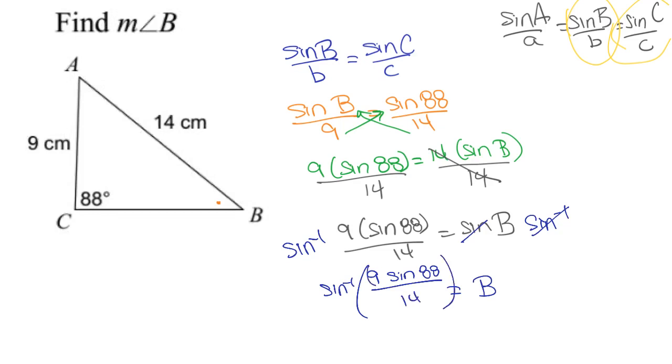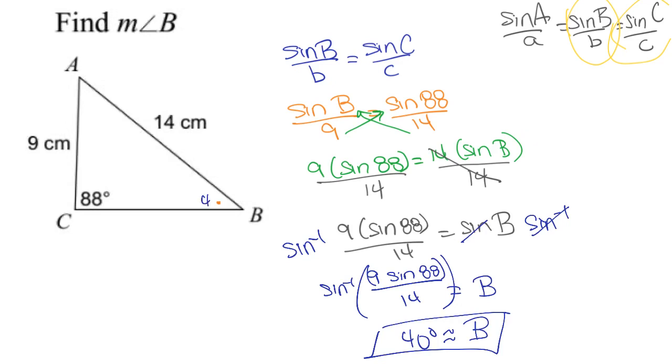And I even throw my numerator in parentheses to help make sure that my calculator doesn't try and do anything crazy on me. We're talking about degrees, so make sure your calculator is in degree mode. I'm going to plug this into my calculator nice and carefully, and I'm going to get that B is approximately 40 degrees.